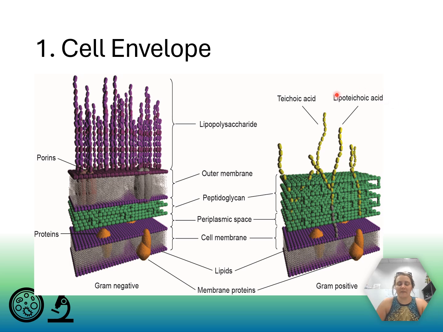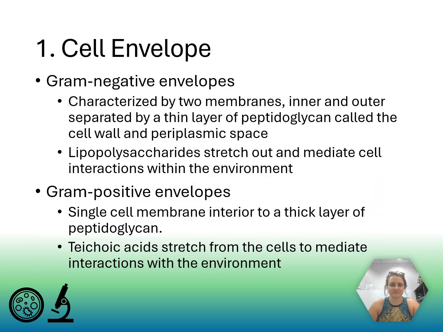So there's a different way that we would have to inhibit this communication if the cell was gram-positive. Knowing whether a bacterial cell is gram-positive or gram-negative could help us potentially figure out what is the best way to deal with a cell, whatever that means in our specific scenarios.